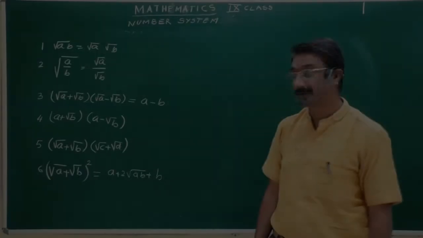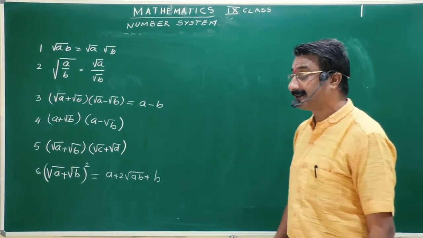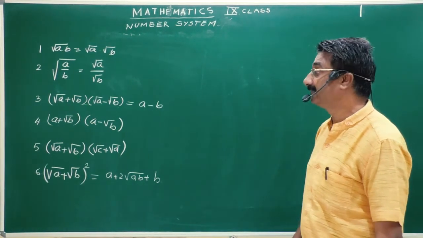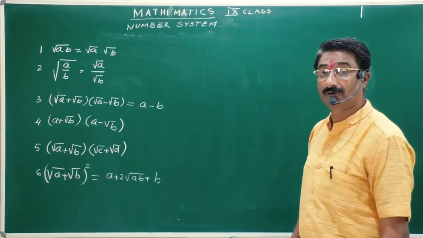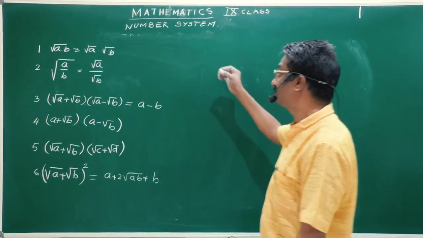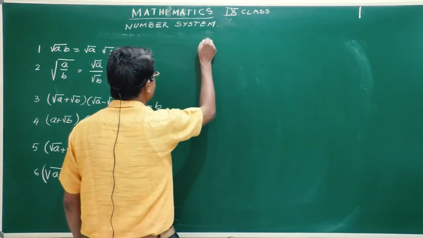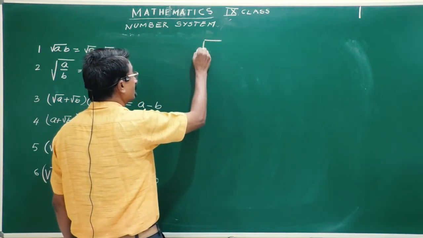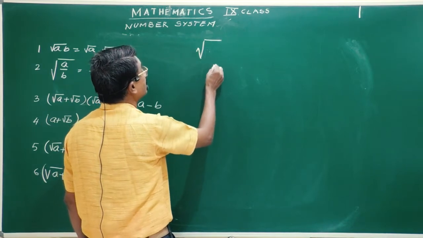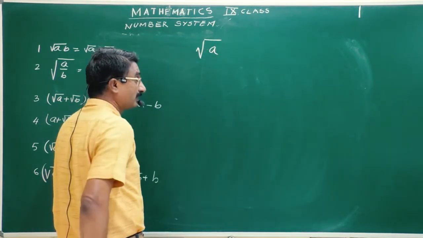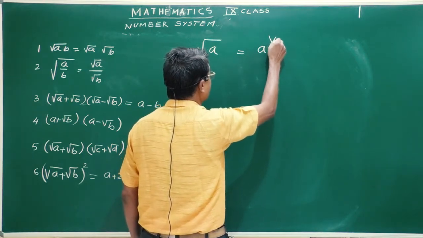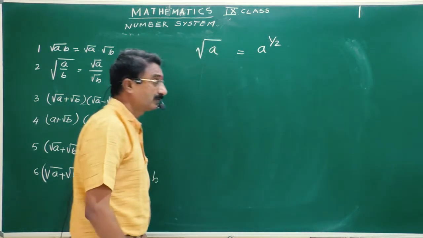Okay. Now here we would like to extend our values of roots into cube roots, fourth roots, fifth roots, and so on. What is the meaning of this? This sign is under root. We are writing under root. Commonly, if under root a is written, it means a raised to the power 1 by 2.